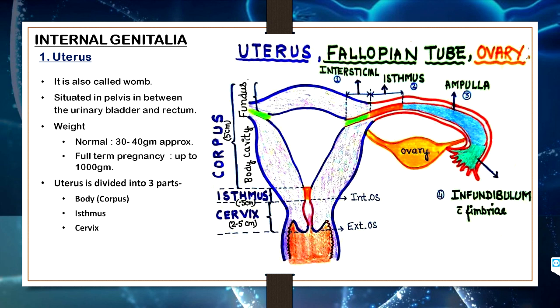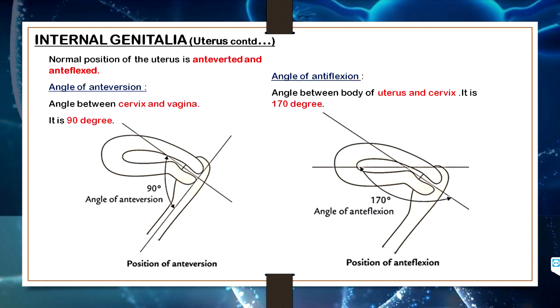Next we will discuss the position of the uterus. The normal position of the uterus is anteverted and anteflexed. This question has also been asked a number of times in the exam. So what is the angle of anteversion?